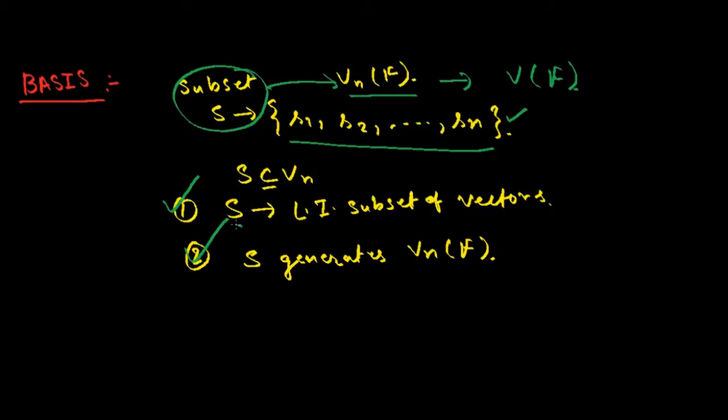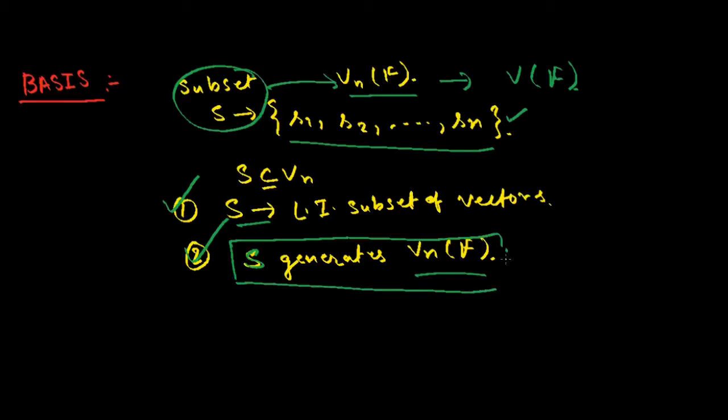So the first condition is that the vectors present in S are linearly independent, and our S generates the whole Vn. What do we mean by this statement? S generates our vector space.